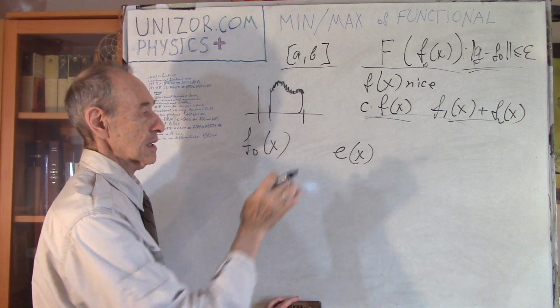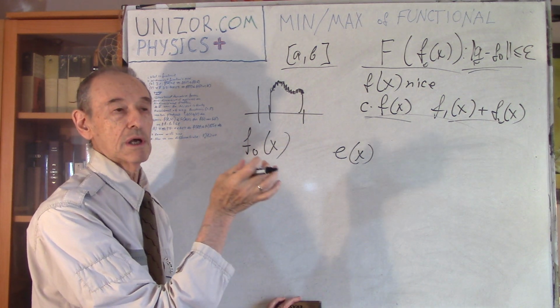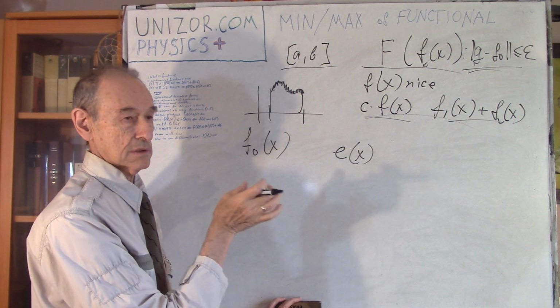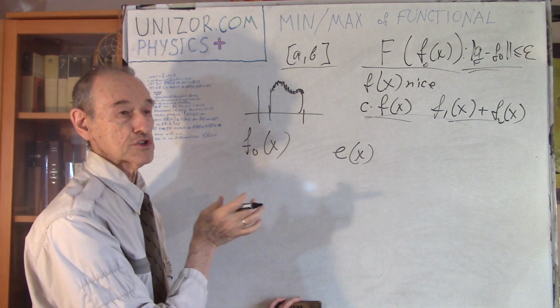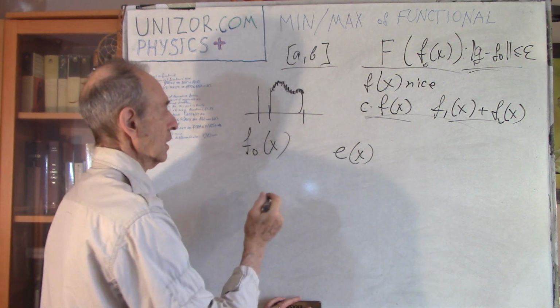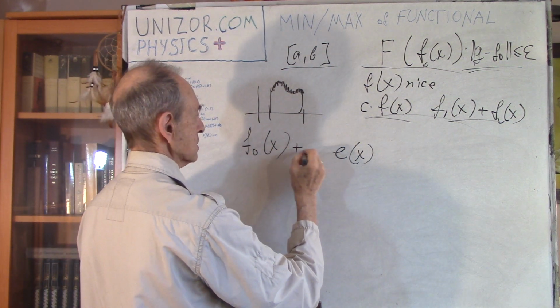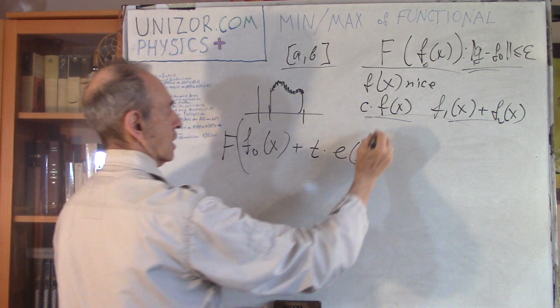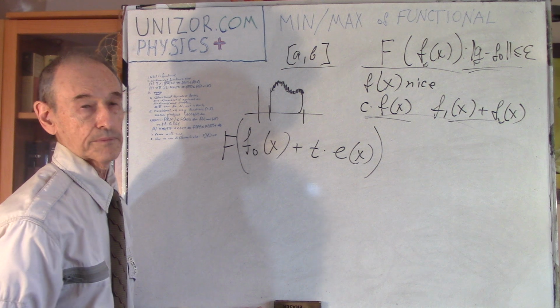in the same way as we were using a unit vector in n-dimensional space, which defines the direction towards which we are measuring. And now let's consider the function f0 plus t times e, and check what is the value of the functional.